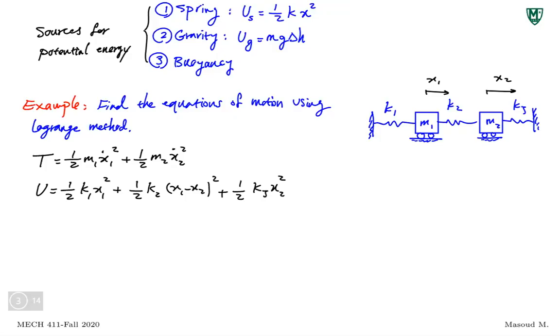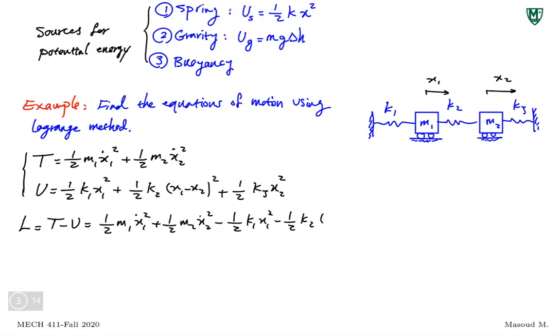So we have our potential energy, we have our kinetic energy. Lagrange function is simply T minus U. So I'll just write it exactly that way. 1 over 2 m1 x1 dot squared plus 1 over 2 m2 x2 dot squared minus 1 over 2 k1 x1 squared minus 1 over 2 k2 (x1 minus x2) squared minus 1 over 2 k3 x2 squared.